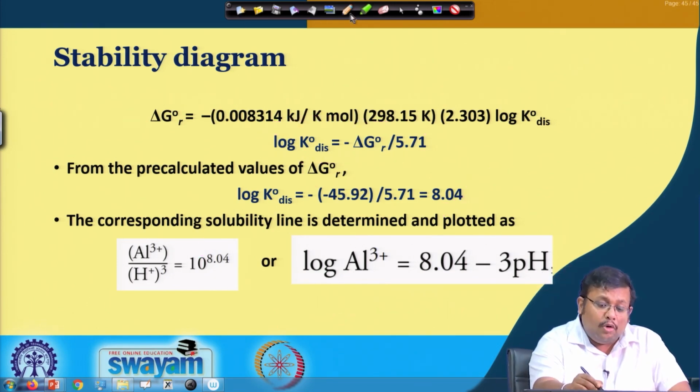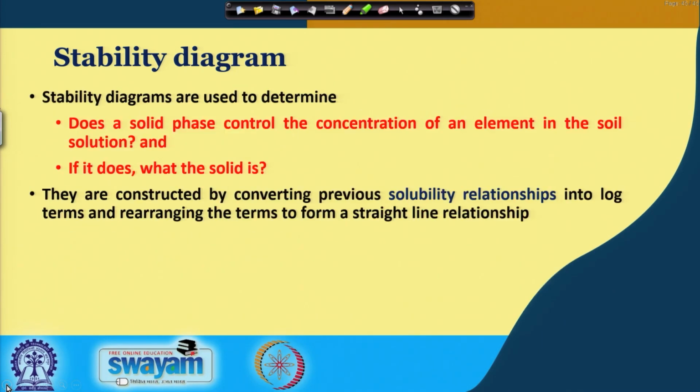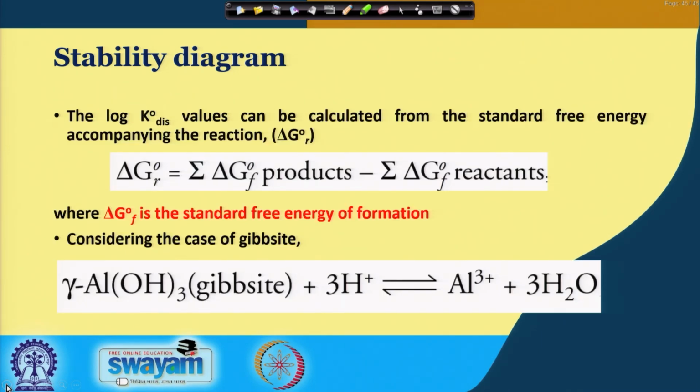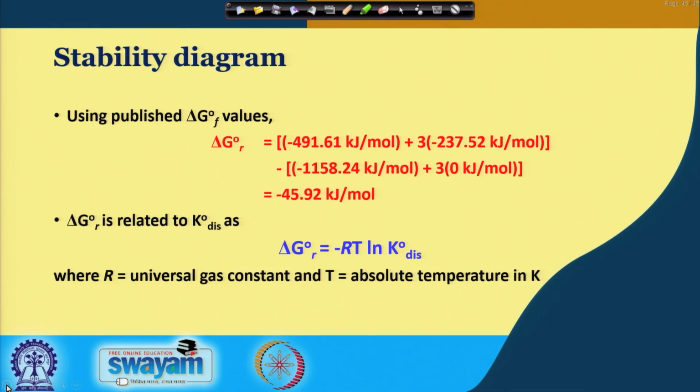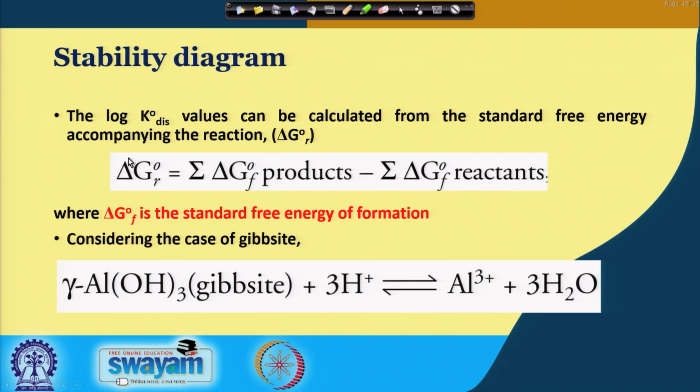Again, let me go back and describe it again. We know that the thermodynamic dissolution constant is basically K0, and the log of K0 can be calculated from the standard free energy accompanying the reaction, which can be calculated as the standard free energy of the products minus the standard free energy of the reactants.